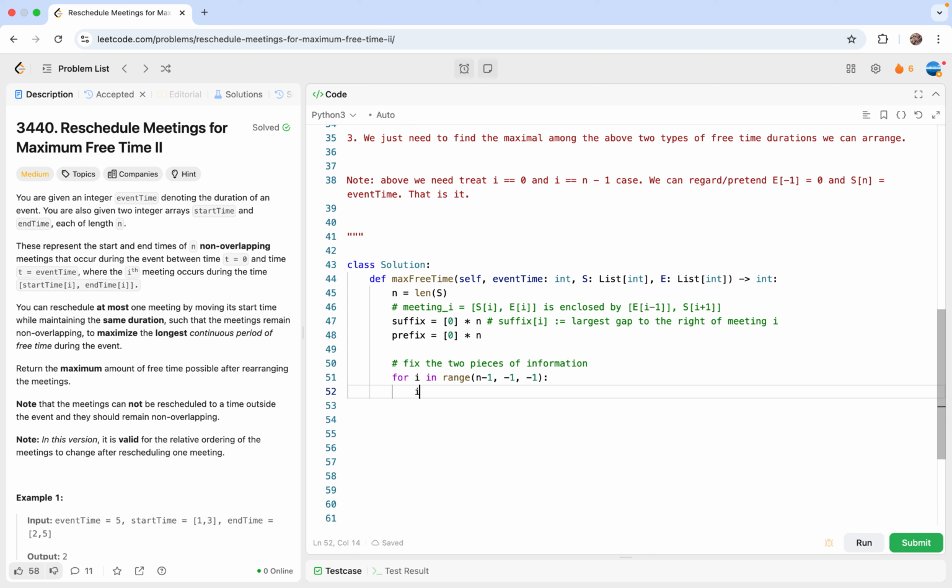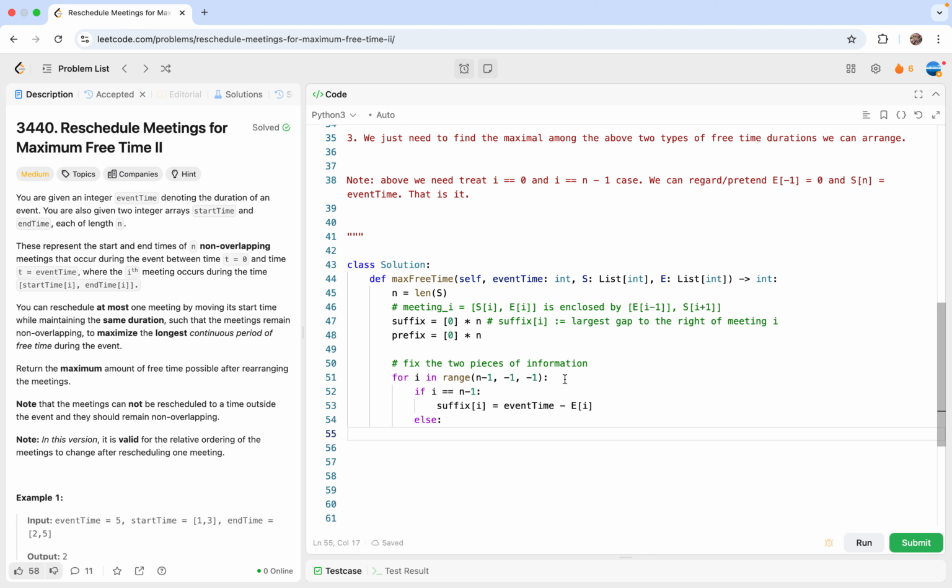So first, if i equals n-1, in this case we're going to set the suffix i. So the free time will be the event time minus the last ending time, that is E of i, right?